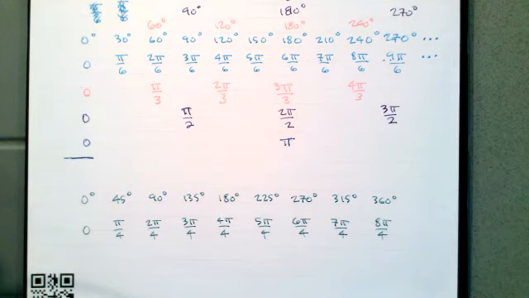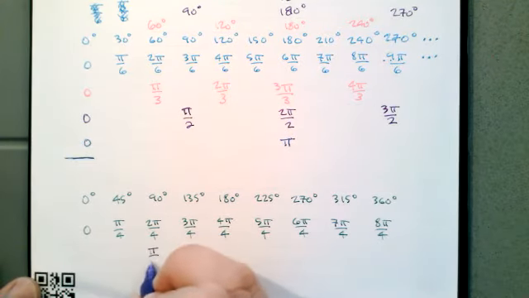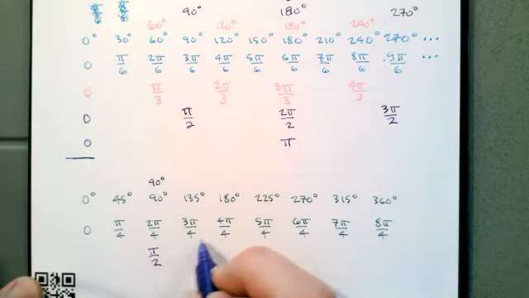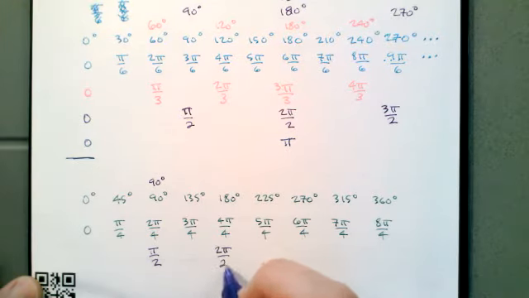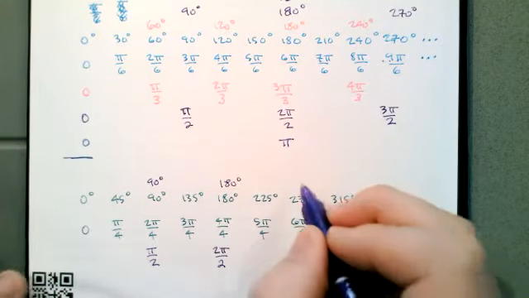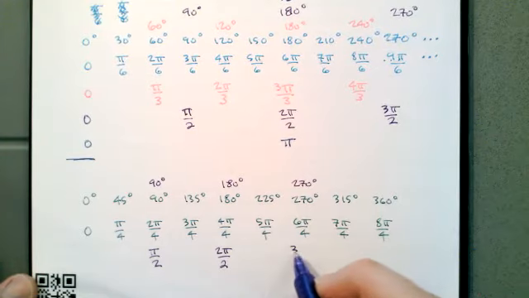Notice that in the multiples of 45, we also land at the multiples of 90. This is because 360 is an awesome number. So notice that if we simplify our 2 pi over 4 to pi over 2, that's a 90-degree angle. The next one I can simplify is 4 pi over 4. That's going to be 2 pi over 2 if I'm counting by 90s, because 180 is 2 90s. 270, just like before, is 3 90s, so 3 pi over 2.